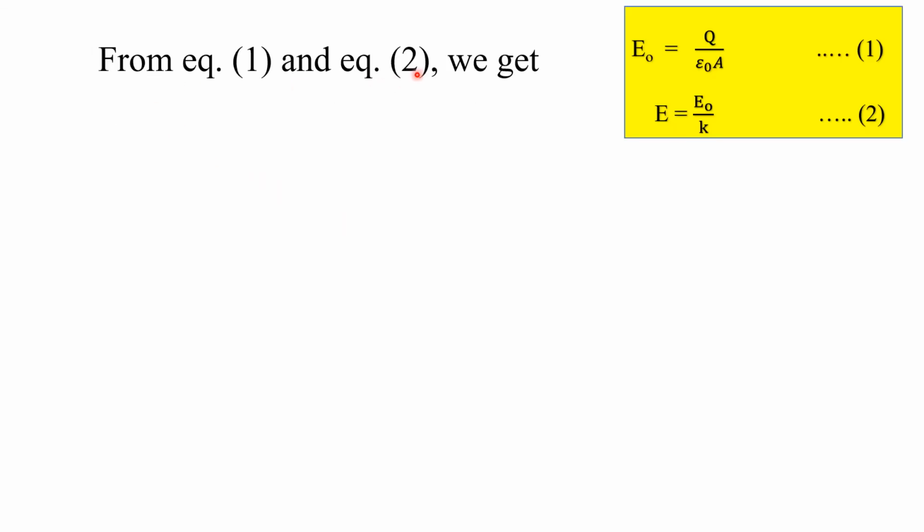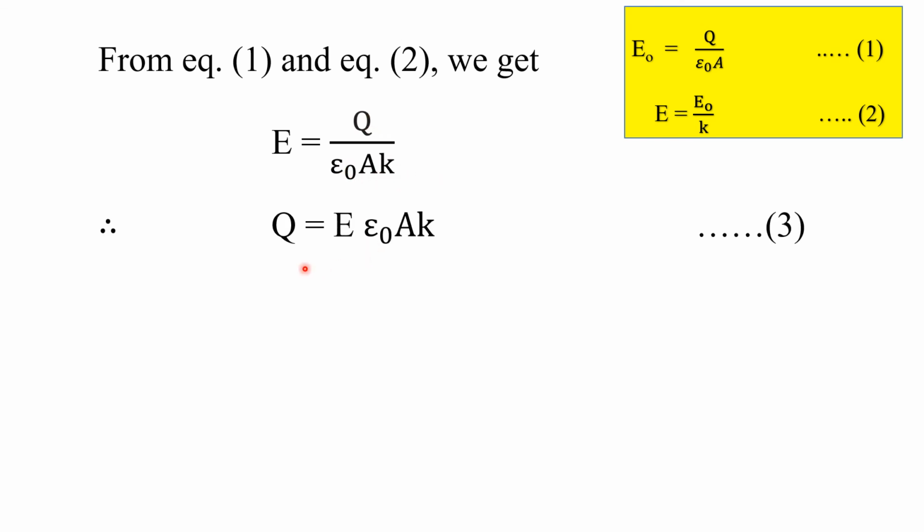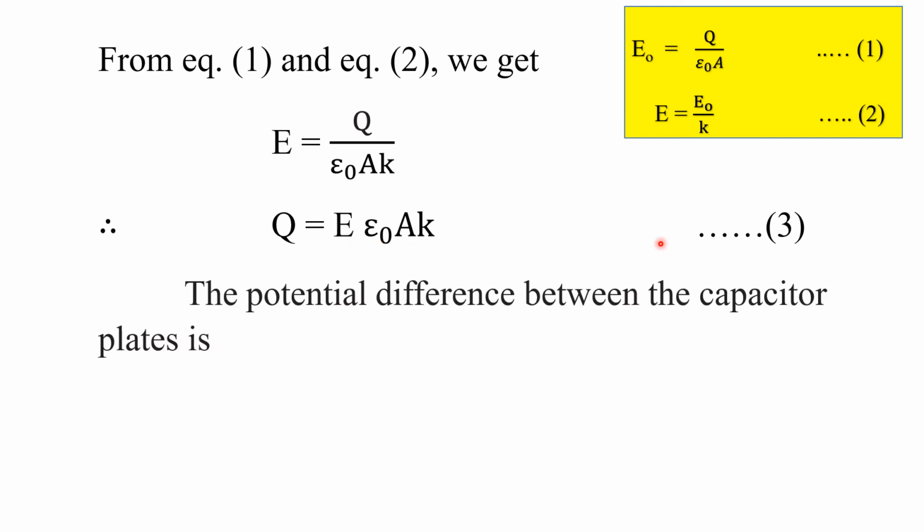Now from equation 1 and equation 2, we get the value of E is equal to Q upon epsilon 0 A K. Therefore Q is equal to E epsilon 0 A K, equation number 3.